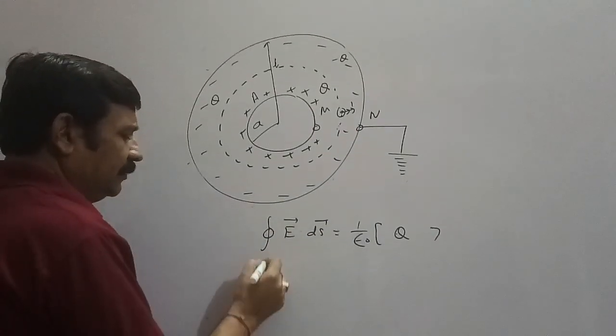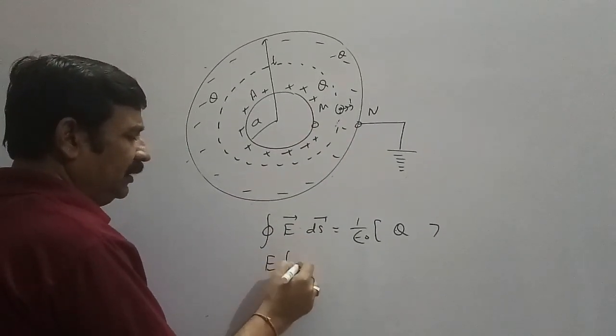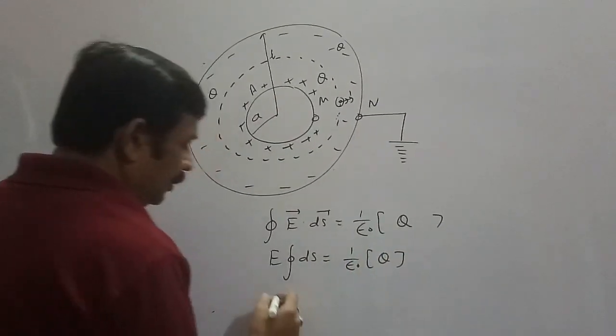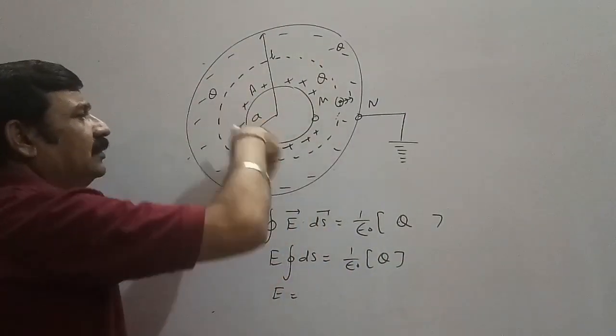So E and ds are in the same direction, so E dot ds will be E ds, and we take E common. ds will be the surface area of it.